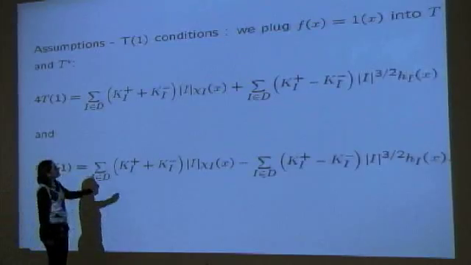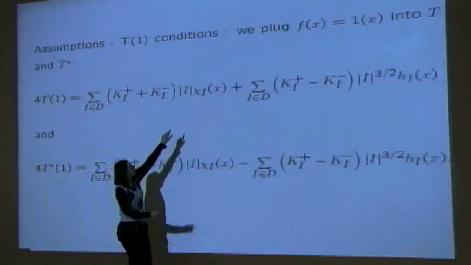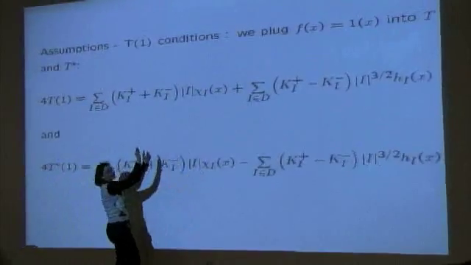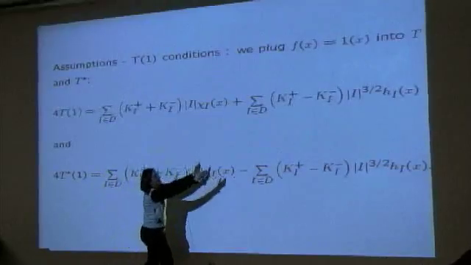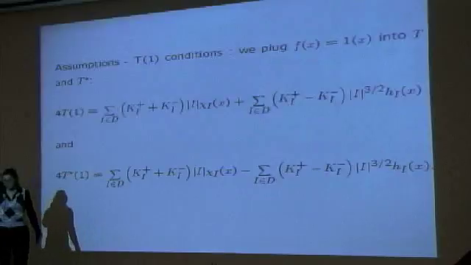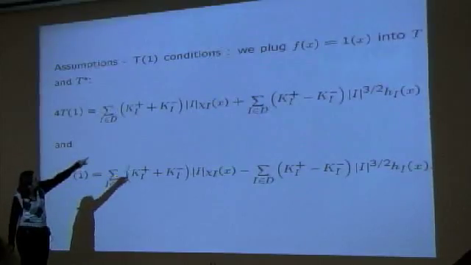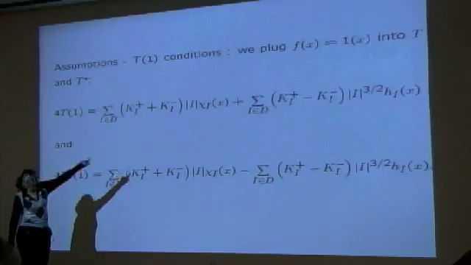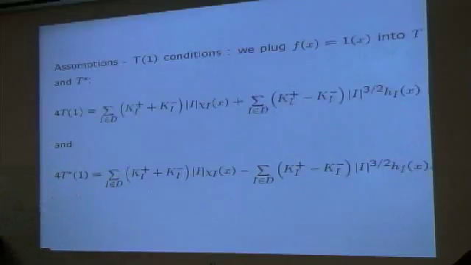Now what happens here is you will have all the I's that are in the left half of j, and all I's in the right half of j will produce the coefficients, when I'm taking the average, when I'm dotting the characteristic function of I with H_j. In a similar way we proceed with T star of 1.